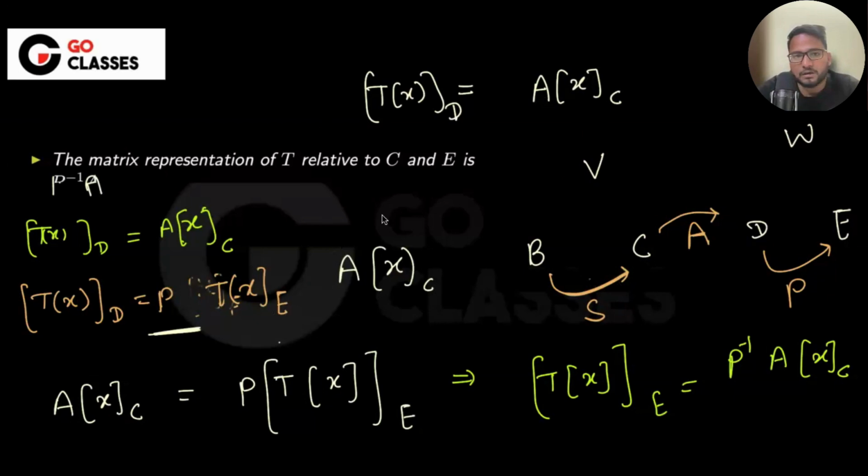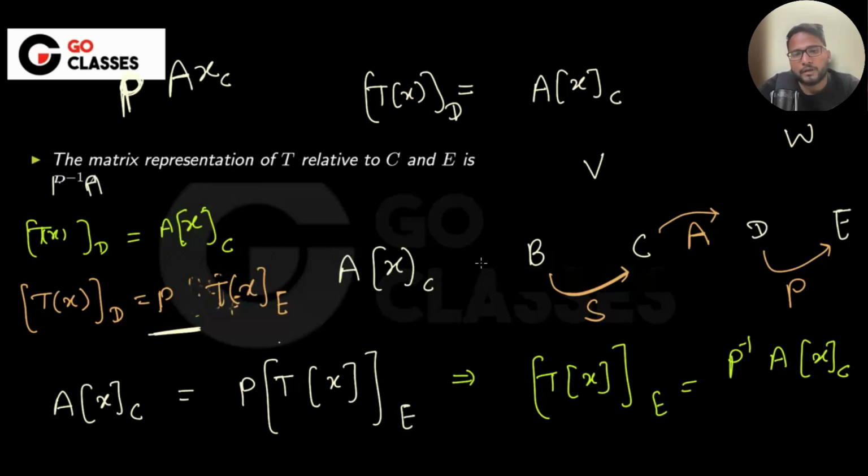So basically, P inverse A will give you in D, and if there is some vector in D, then see, this is X in C, multiplied with A, and then you will be multiplying P, right?